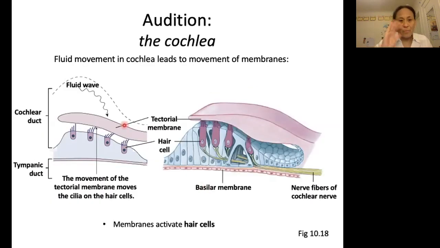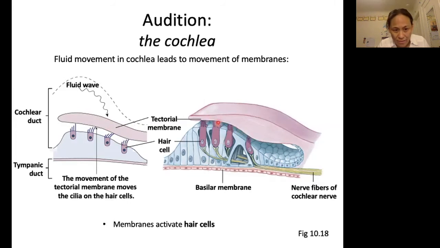When we get that vibration, these two membranes, the tectorial membrane and the basilar membrane, vibrate in response to that fluid movement, okay? And they vibrate in relation to each other. When they do that, they activate these hair cells, okay?